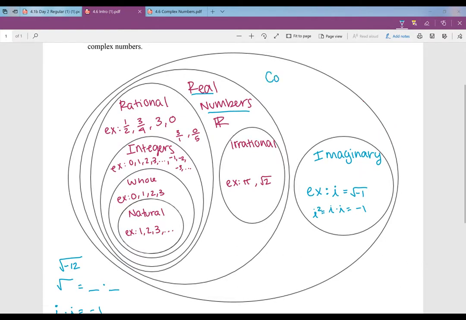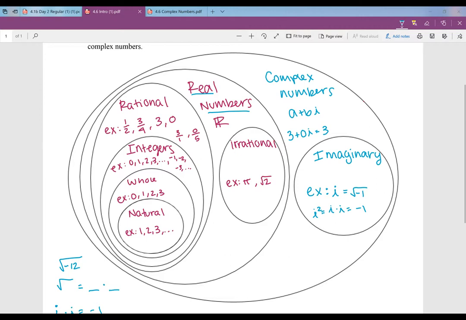Now, complex numbers include all the real numbers and all imaginary numbers, and they take the form a plus bi. Now, all of our real numbers are going to be numbers where a is a number and your b would be 0, right? So technically, 3 plus 0i is just 3.